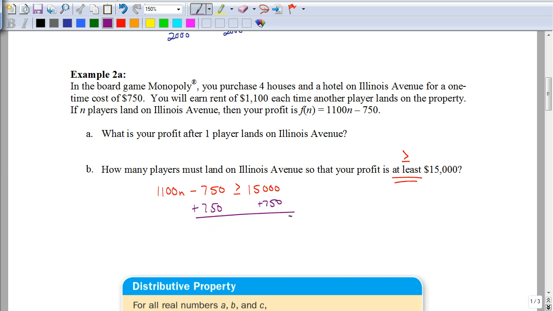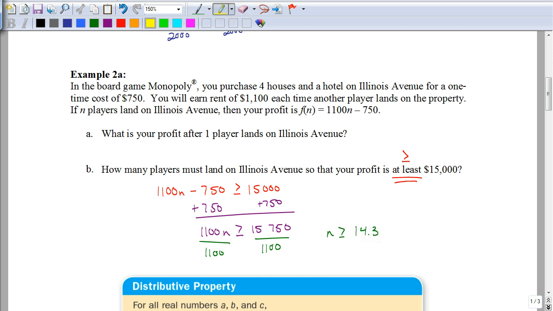In other words, our goal is to get the n by itself. And my last step then would be to divide both sides by 1,100. So I get n is greater than or equal to 14.3.